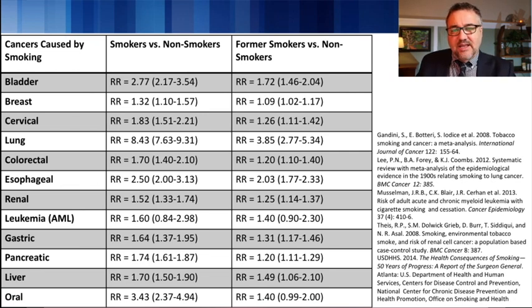Bladder cancer is important. Just about everyone with bladder cancer, the great majority of people with bladder cancer, are smokers. The reason for that is that the toxins that come into the bloodstream are eventually filtered out by the kidneys to remove them from the blood, and then they go into the bladder. What that means is that the bladder wall is exposed to urine day in and day out that has a high level of these carcinogens.